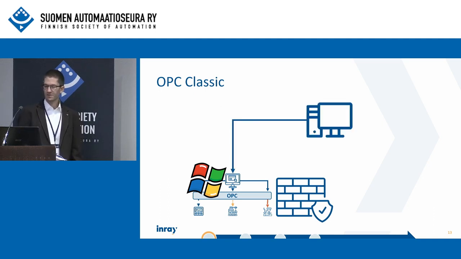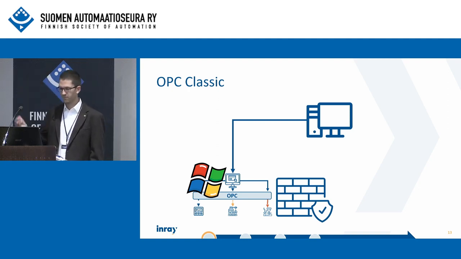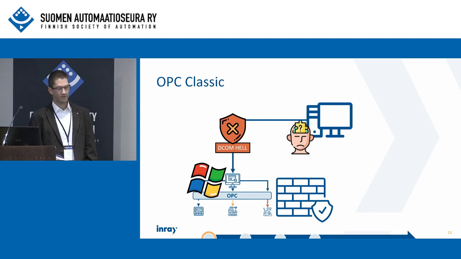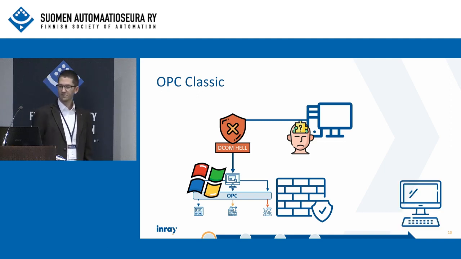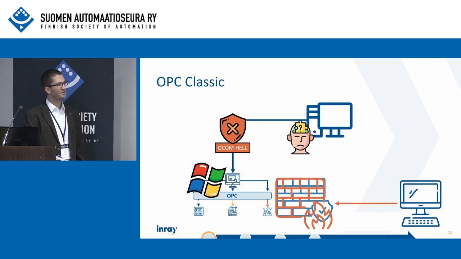As soon as the OPC server is to be connected through Ethernet via another system, the configuration becomes hell. We call it the DCOM hell. It gets even worse if we want to connect through a firewall. To achieve this, we literally have to open up the entire firewall.